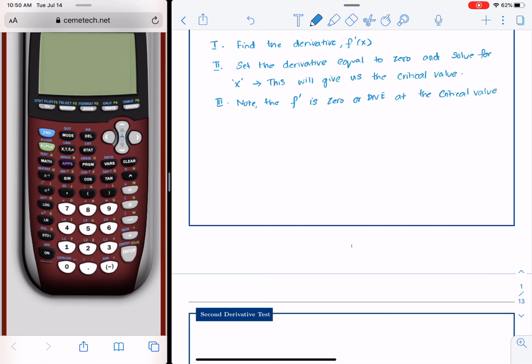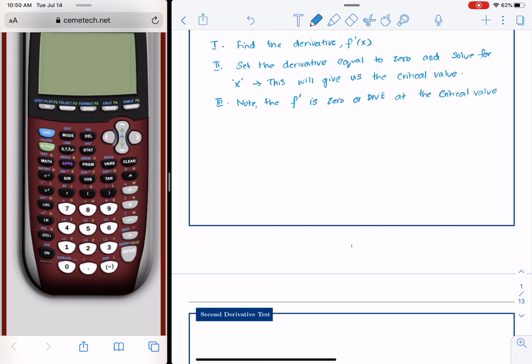Using one of the previous theorems, Fermat's theorem and Rolle's theorem, we saw that if the derivative is 0 at a point, then that particular point indicates that the tangent line at that point is horizontal.